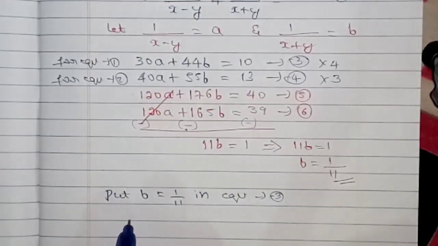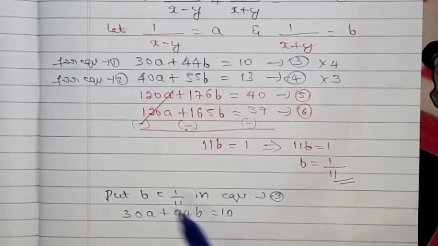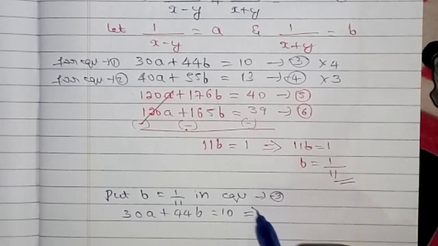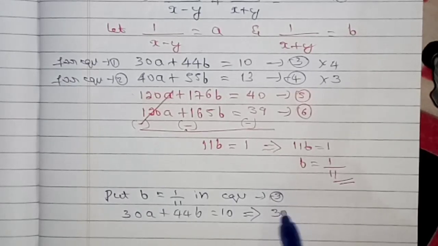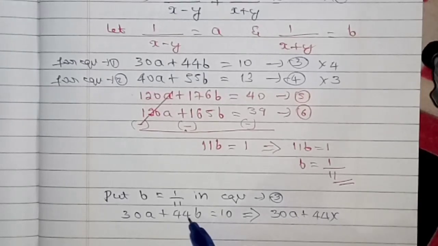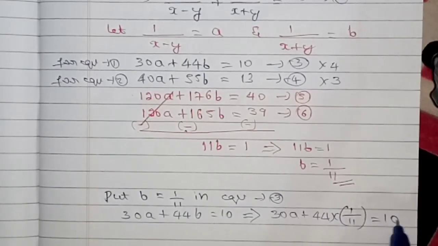I'll write equation number 3. So 30a plus 44b is equal to 10. Now you need to apply this b value in this equation, right? So this implies 30a remains as usual plus 44 into, what is the value of b? b is 1 by 11, is equal to 10.